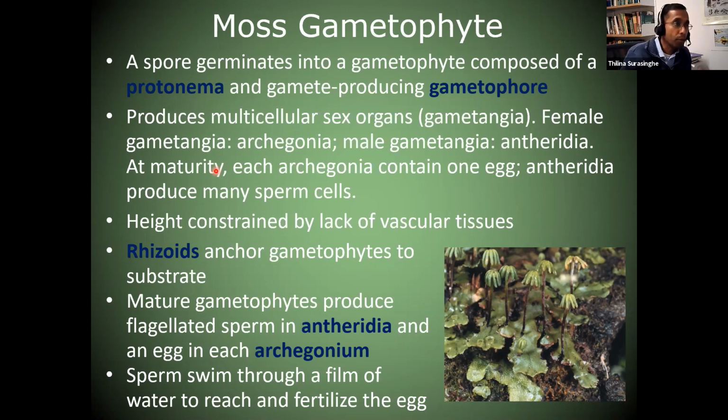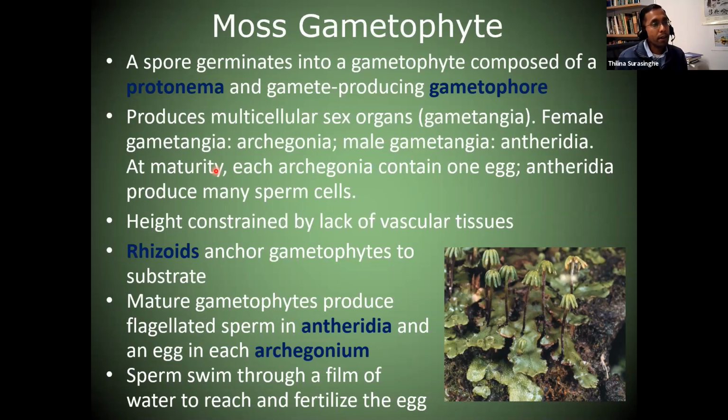And remember, spores are produced by a sporophyte in the sporangium through meiosis, so those spores are going to be haploid, and because of that, the gametophyte is also going to be haploid.